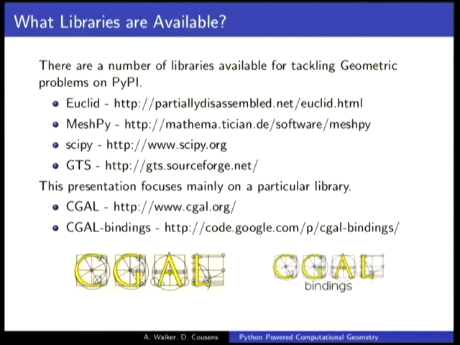This presentation is going to talk about the Computational Geometry Algorithms Library, CGAL, which is a research project run out of a few companies in France and some of their universities as well. More specifically, we're going to talk about the CGAL bindings, which is a SWIG package that wraps those libraries up and makes them available in Java and Python at the moment, and potentially Ruby in the near future.